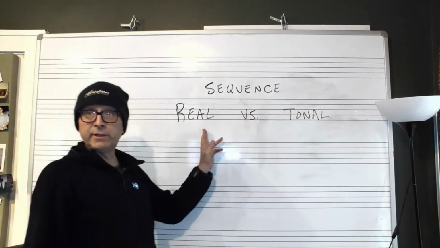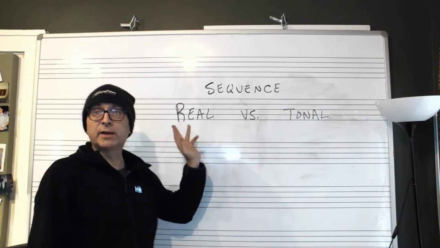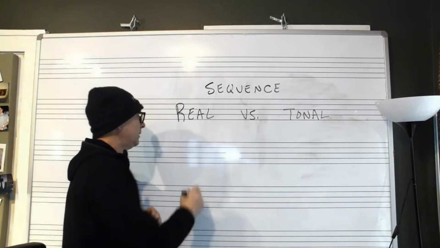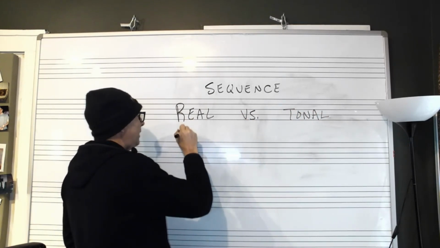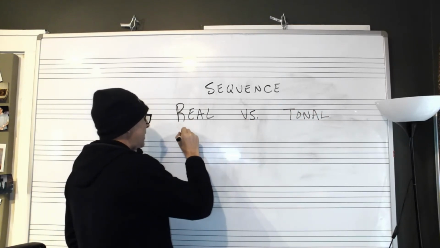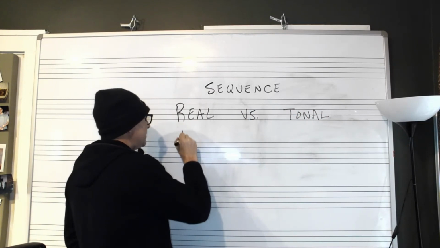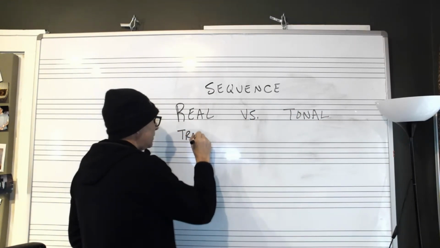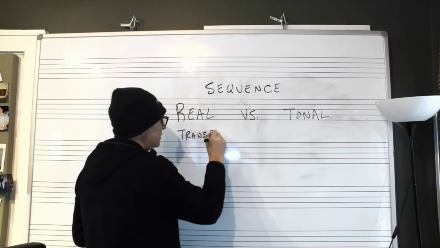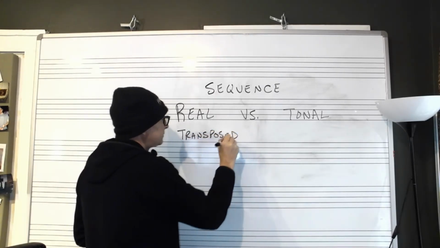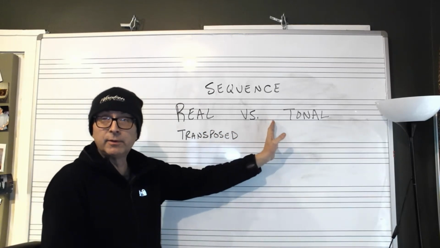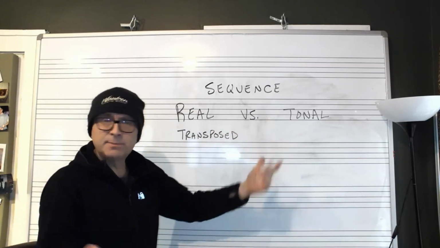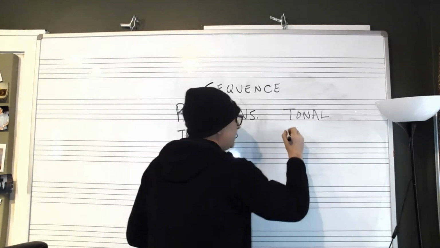A real sequence must have consistent intervals, so a real sequence must have a transposition, versus a tonal sequence, which doesn't have to be transposed. It will follow the key.